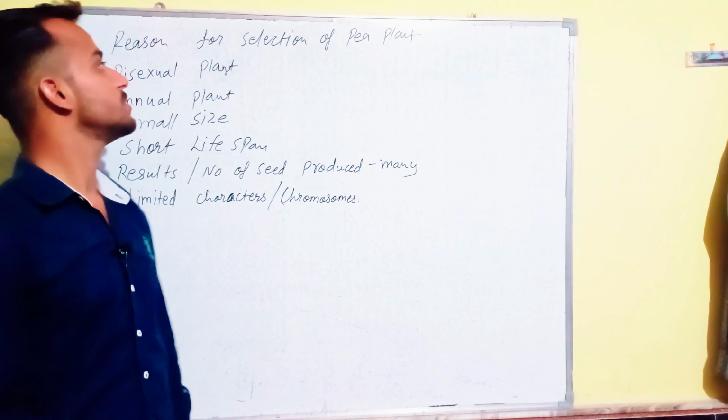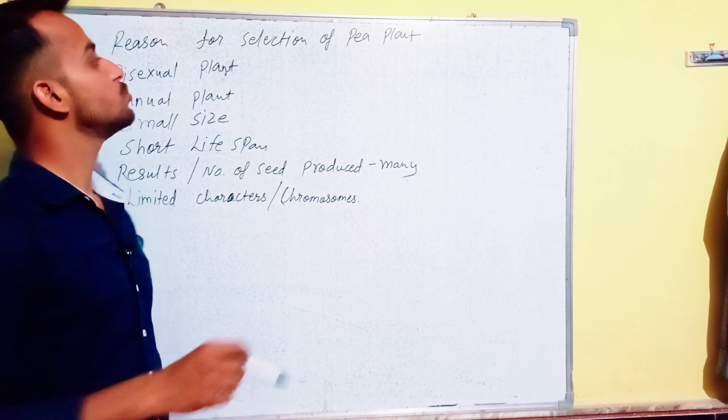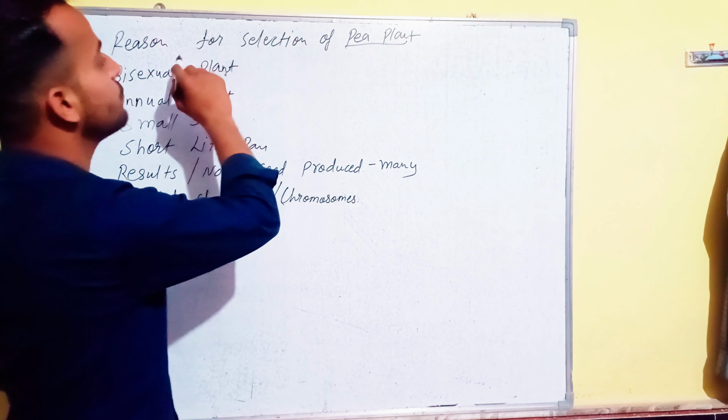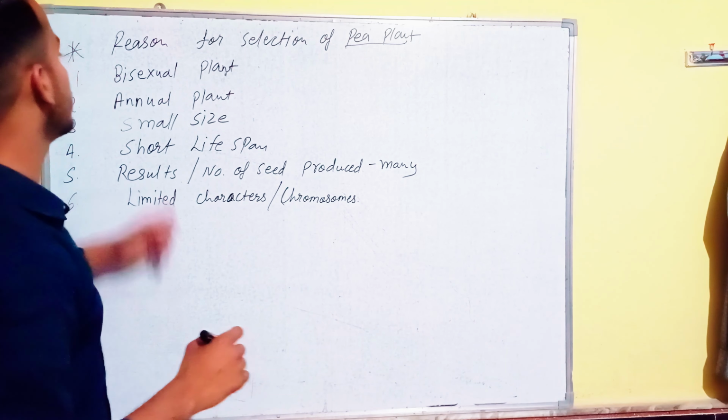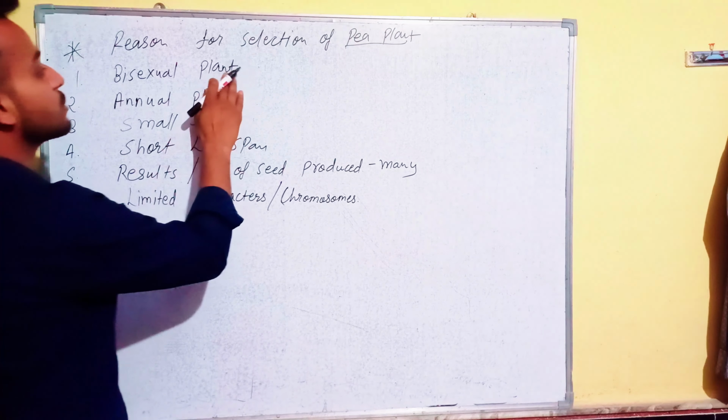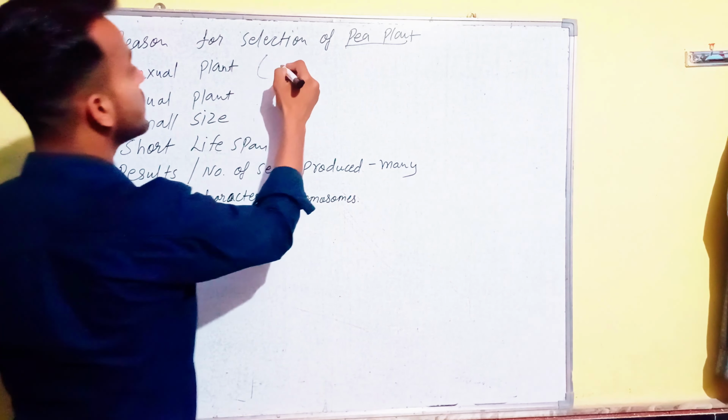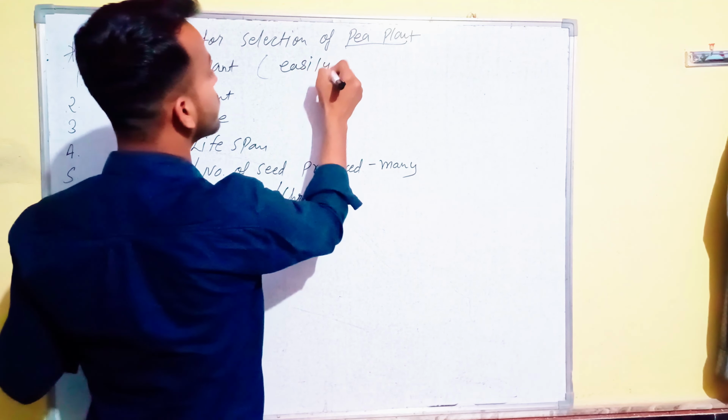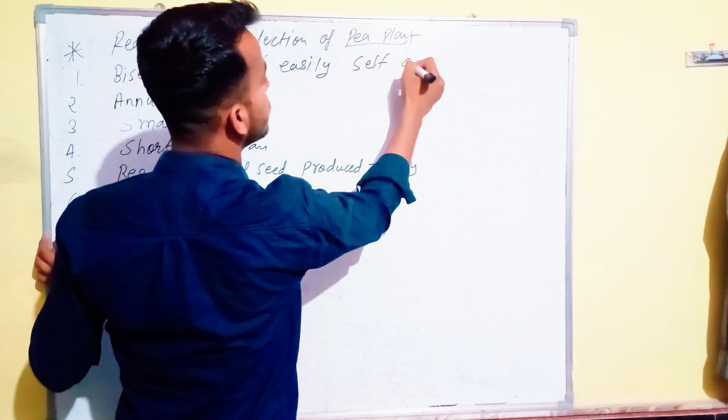Next, our topic is, why did Mendel choose a pea plant? The reasons for selection of pea plants are, first, the pea plant is a bisexual plant, so we can easily do self and cross pollination.